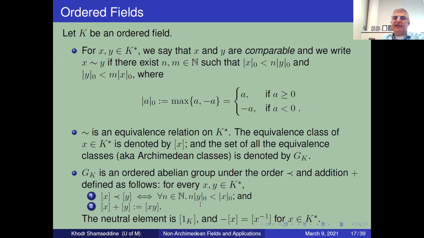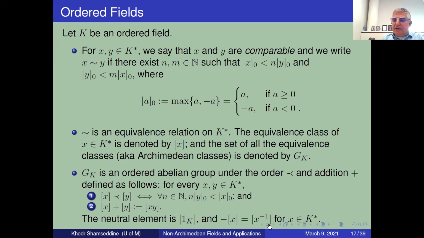And in this case, we say that y is infinitely smaller than x. We define addition of classes as the class of the multiplication. The neutral element with respect to this addition in G_K is the class of 1_K, the neutral element for multiplication. And the additive inverse of the class of x is the class of x inverse for x in K star.